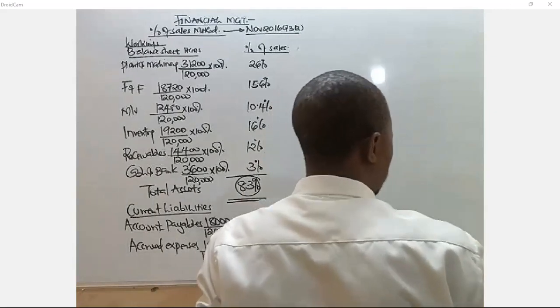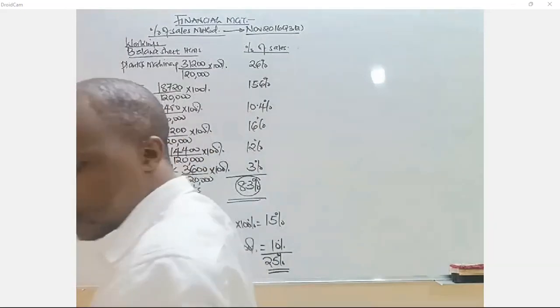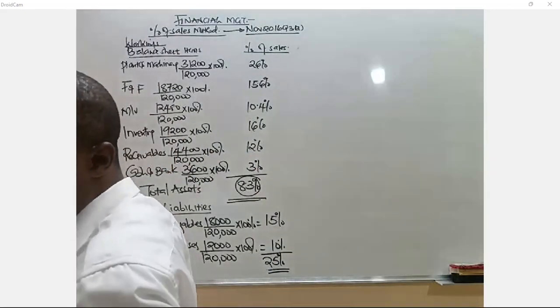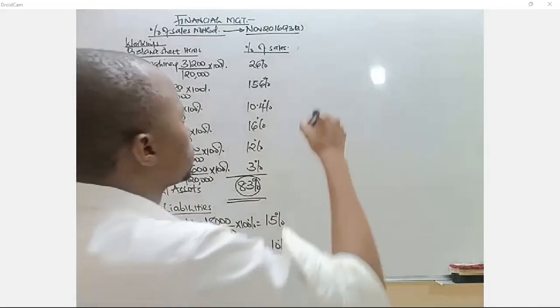But the statement of the financial position, remember, we normally start with the title of the question. In this case, we are discussing about someone called Georgina. Should be Georgina Limited.